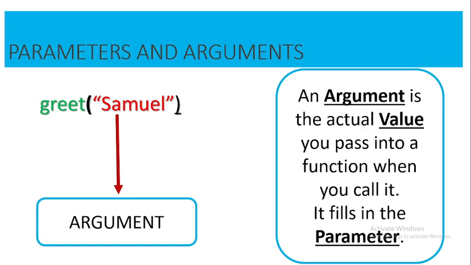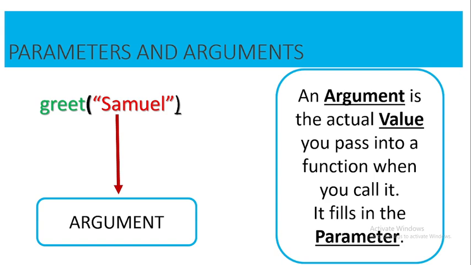So an argument is the actual value you pass into a function when you call it. The argument fills in the parameter. The argument is the value that we pass to the parameter. The parameter is like a variable we create when we are declaring a function. The argument is the value you pass when we call the function.